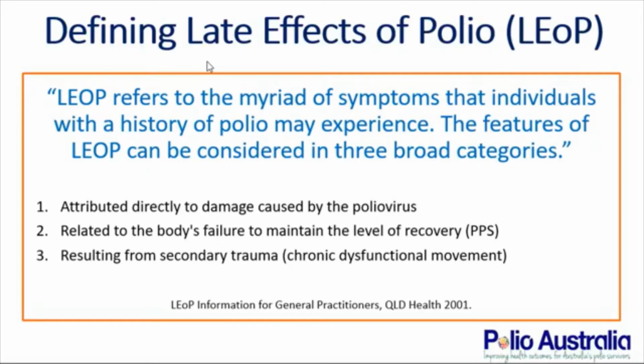Number 2, features related to the body's failure to maintain the level of recovery related to post-polio syndrome. I'll give you the example of motor units that we saw in yesterday's session, the diagram in the bottom left corner that showed the 2 alpha motor neurons coming out to the muscle fibers.